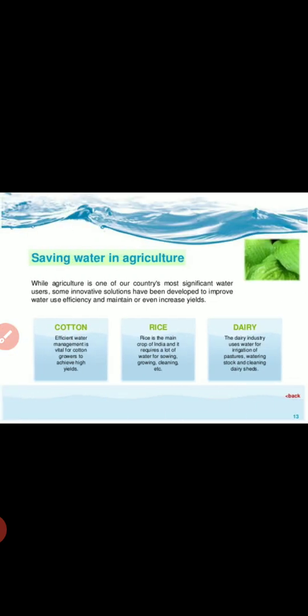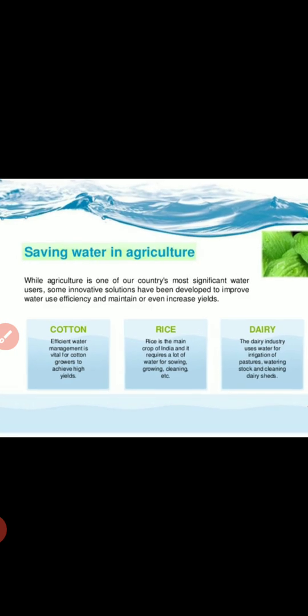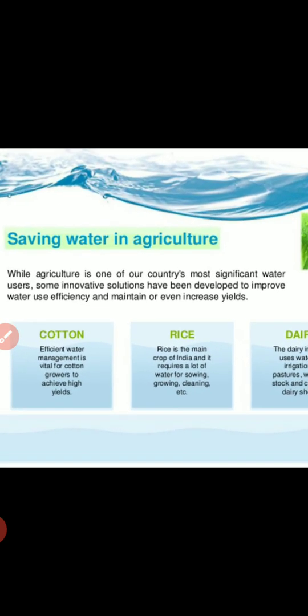Then, saving water in agriculture also. While agriculture is one of our country's most significant water users, some innovative solutions have been developed to improve water use efficiency and maintain or even increase yields. For example, in cotton, efficient water management is vital for growers to achieve high yields.